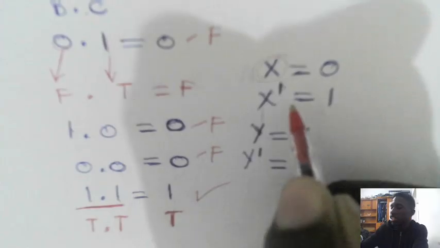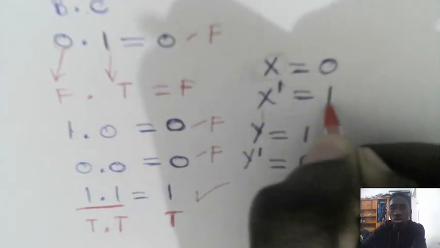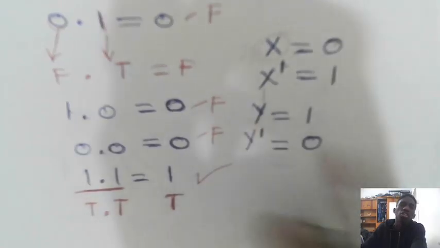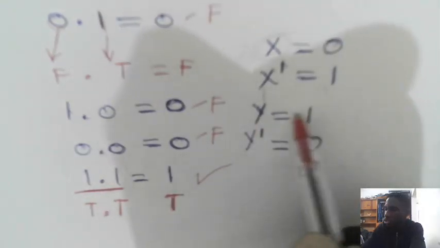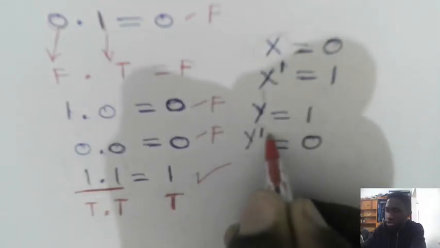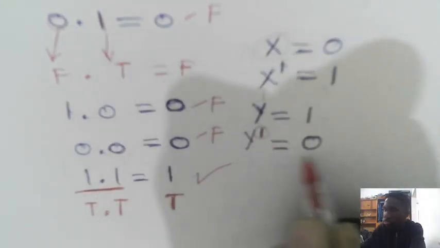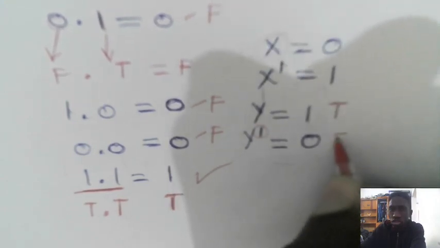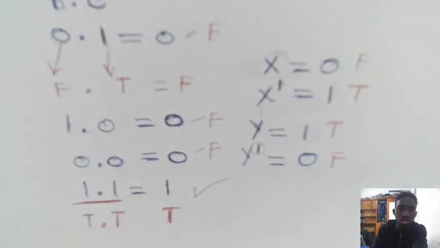So x complement is equal to 1. The negation of x is 1. y is another variable, and y takes on the value 1. So y complement is 0, false. So it changes from true to false, or from false to true. Very easy.